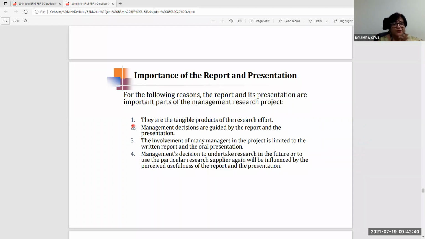All right. So why is the research report therefore very important? Number one, they are the tangible products of the research report. After all the deliberations that have happened over weeks and months, the research report finally is the tangible thing, something which people can see, they can feel it, they can understand that there is an outcome of it.